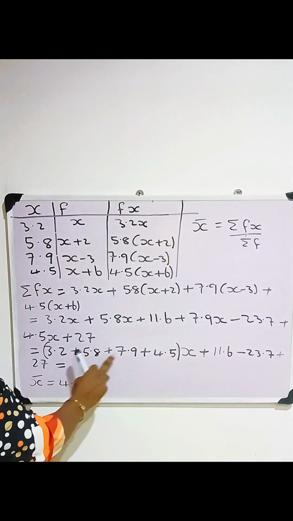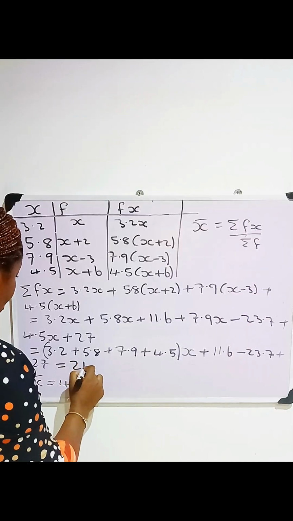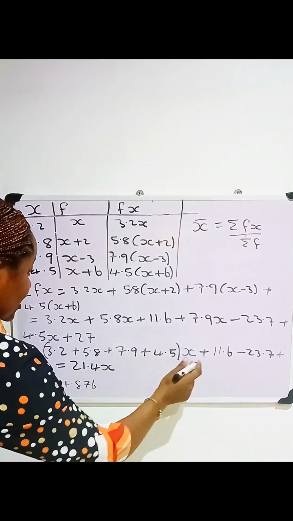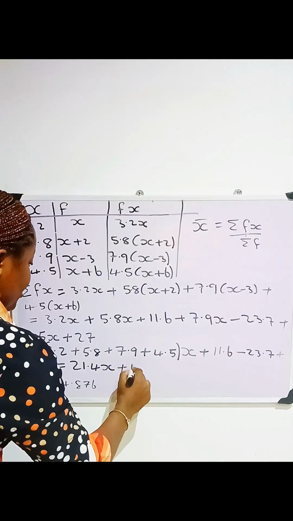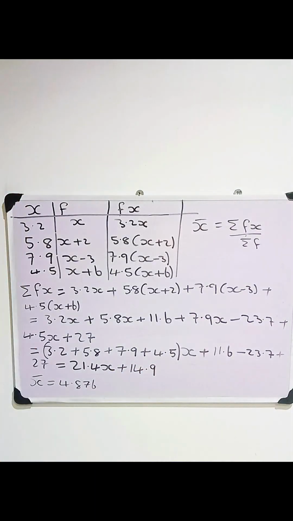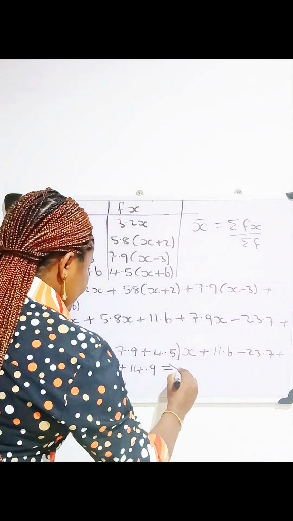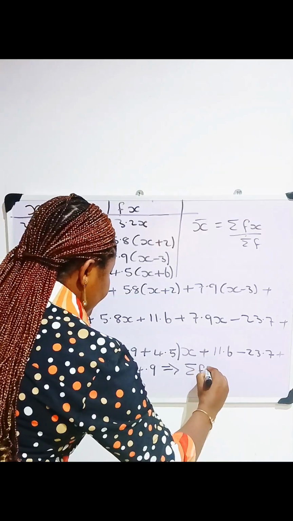When we sum these, we have 21.4x, and when we do 11.6 minus 23.7 plus 27, we have plus 14.9. So this is our summation of fx.